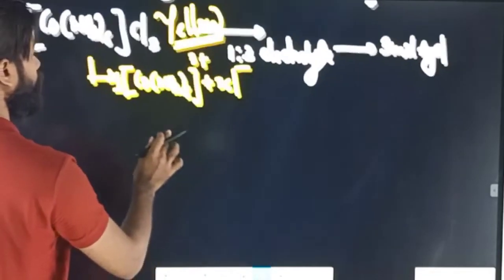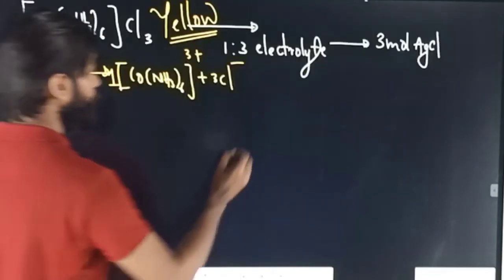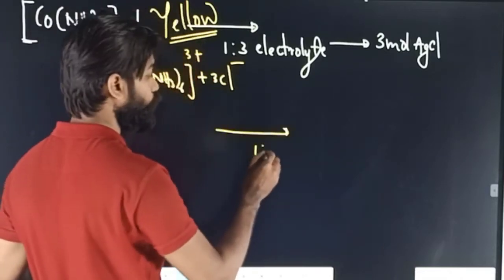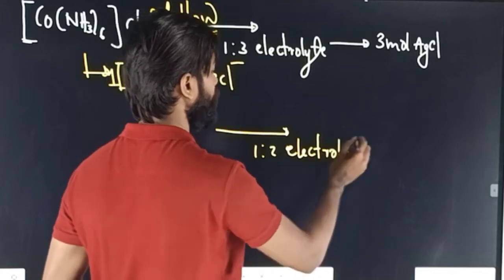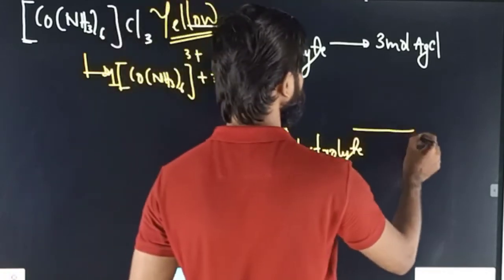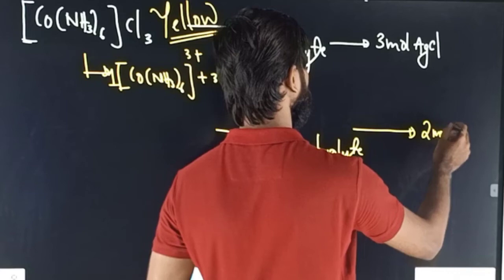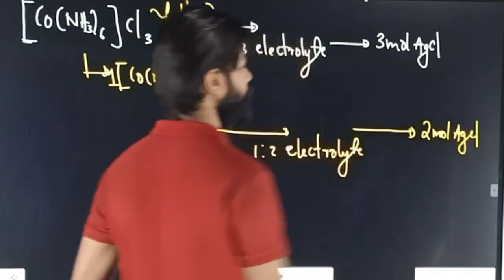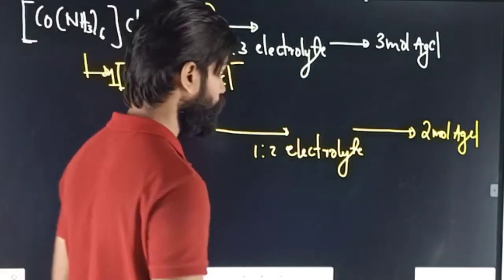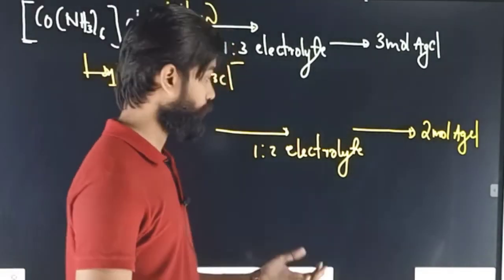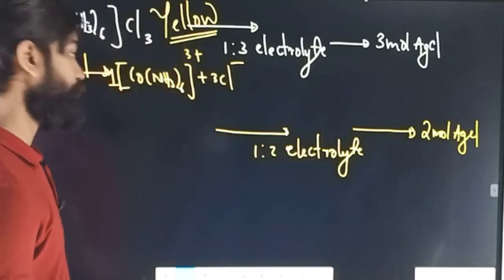And later in his study, he found that there is a 1:2 type of electrolyte, which can produce 2 mole of AgCl when it reacts with AgNO3.